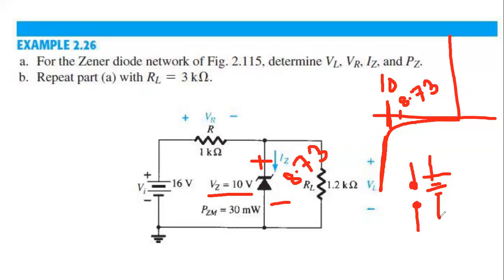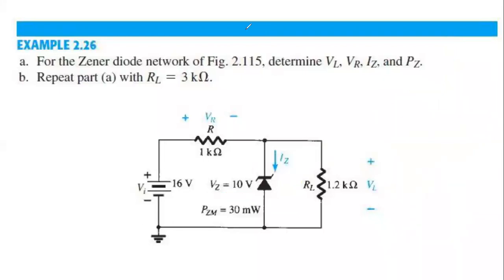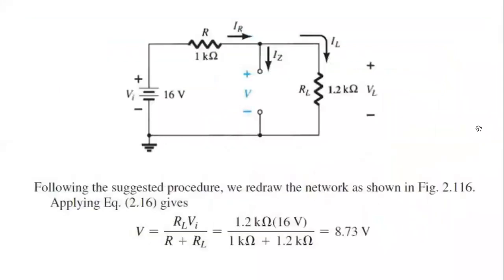So we can say that the Zener diode is not in the Zener region. So it will not be a voltage source. It will be like an open circuit. So at first you need to find out whether the diode enters the Zener region or not.